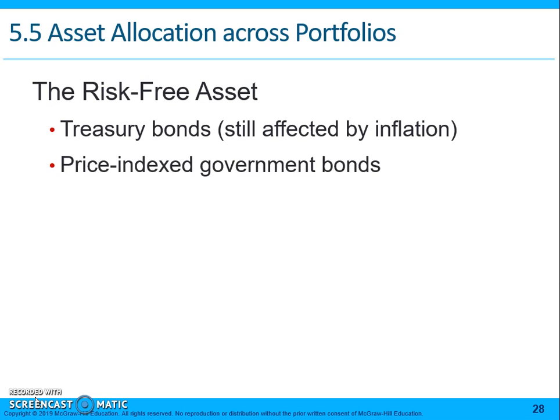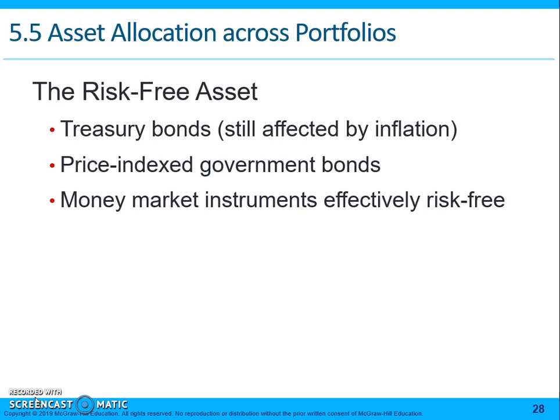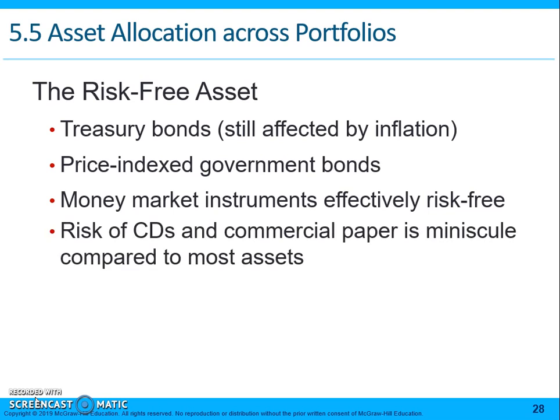There are price index government bonds, those are TIPS, or Treasury inflation protected securities. Those are certainly very close to risk-free as well. Other examples: money market instruments are very close to risk-free as well. CDs and commercial paper, the risk is pretty minuscule as well.